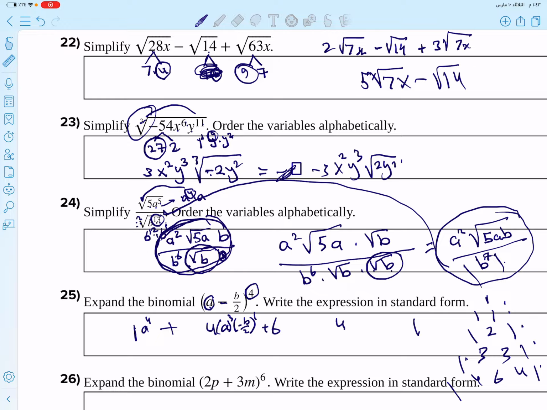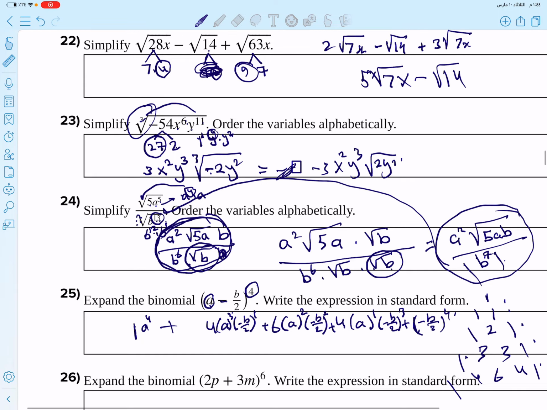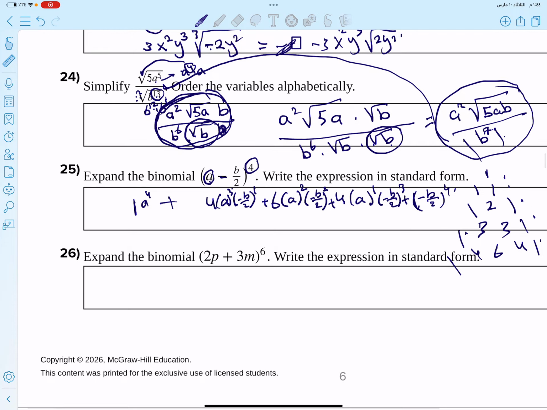Now plus 6a to power 2 and negative b over 2 to power what? 2. The power here is increasing, plus 4a to power 1 negative b over 2 to power 3 plus negative b to power 2 over 4. And I can calculate that. Okay. The next question the same way.